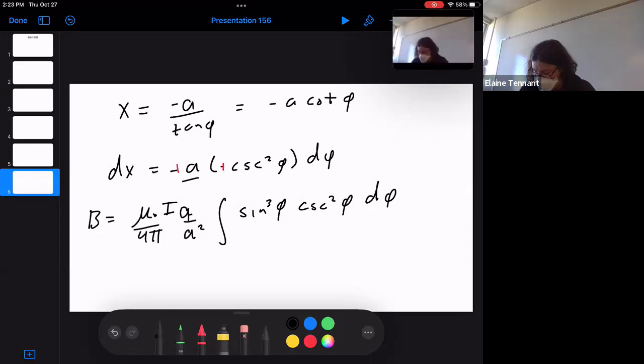Okay, a went outside, this one right there. Okay, this is starting to look really good. We're almost to the point where we can actually integrate this thing. Cosecant, that's 1 over sine. So I really have a sine cubed times a 1 over sine squared.